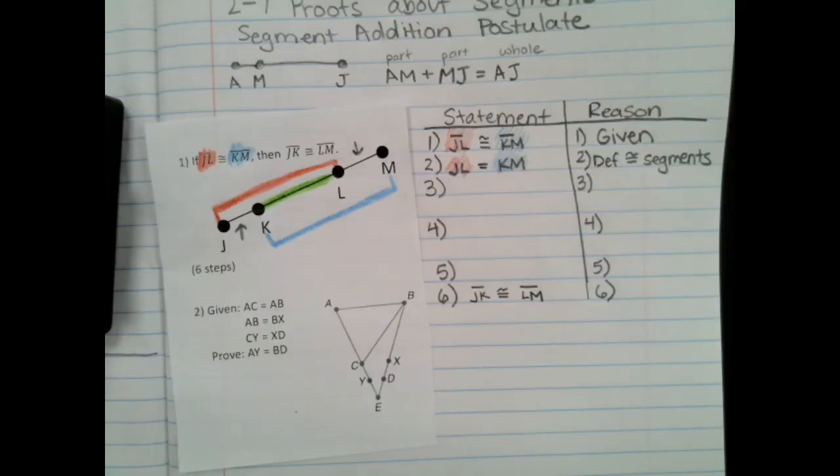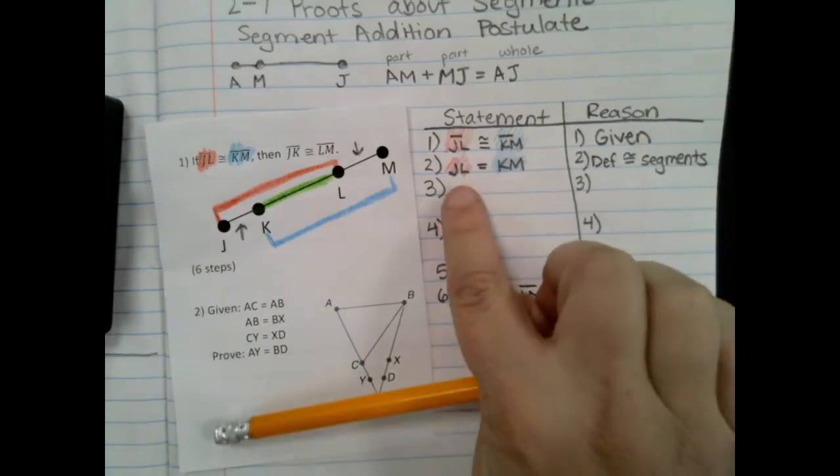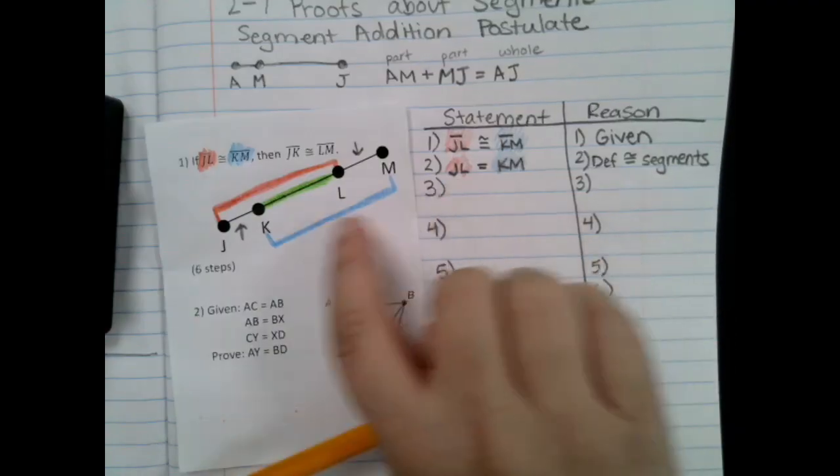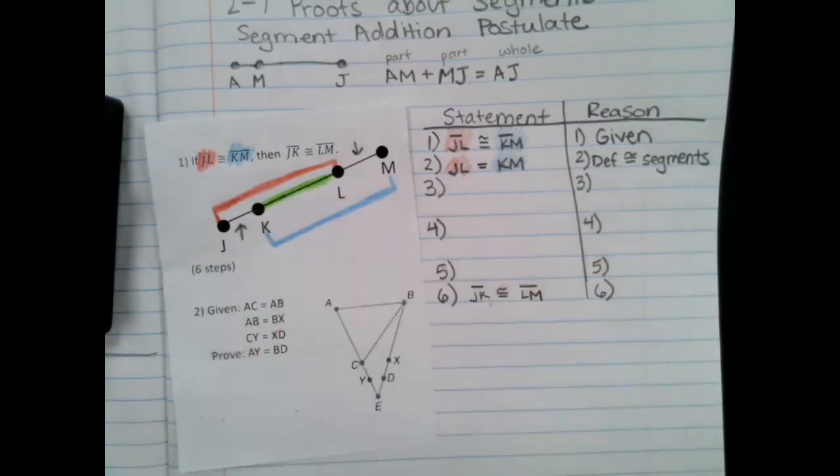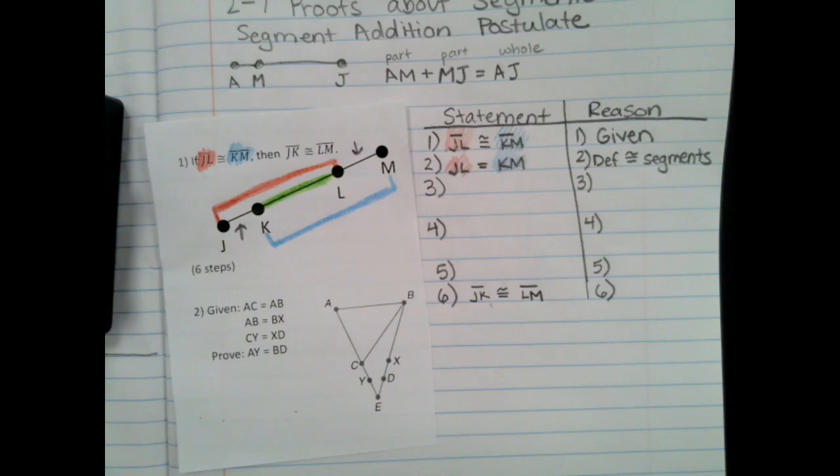Okay. Now, we're kind of at a standstill, but there's not much to do after this step. So now we need to look at the diagram and see if there's anything that we can tell from the diagram, which there is. When we look at the diagram, and I look at JL, is JL just simply JL? Nope, it's made out of 2 parts, right?